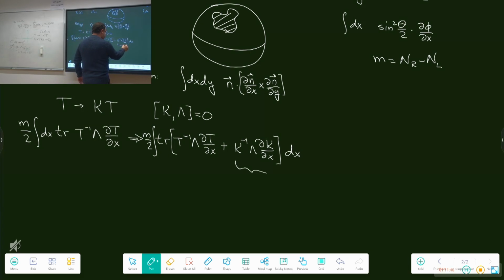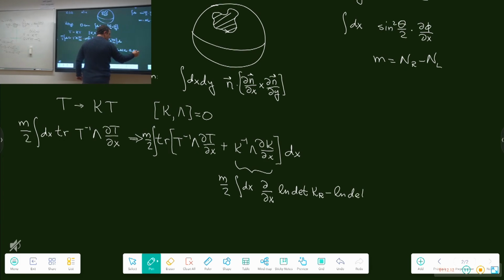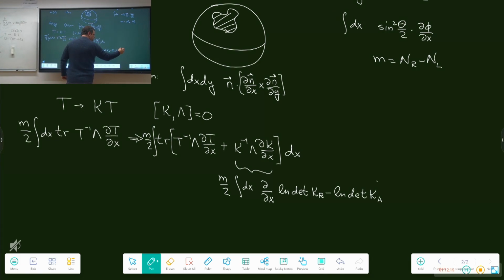This term, which was added with a prefactor, is m over 2, trace k inverse lambda dk dx, integral over x, d by dx of the logarithm of the determinant of kr minus the logarithm of the determinant of ka. And k, since it commutes with lambda, is a block diagonal matrix with retarded and advanced blocks.